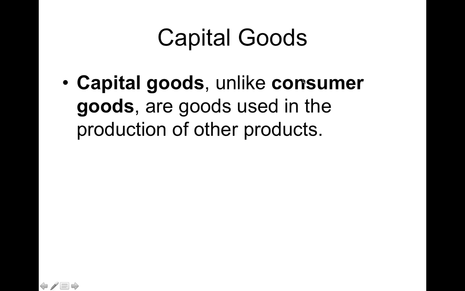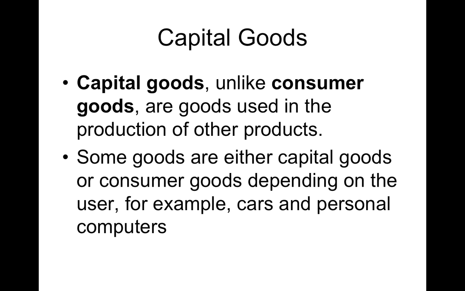That's a non-durable good. When we talk about capital goods, coming back to the capital goods we mentioned earlier with industrial goods, we have capital and material goods. You guys already understand capital goods, which, unlike consumer goods, are the goods that are used in the production of other products. So some goods are either capital goods or consumer goods, depending on the user. For example, cars and personal computers.